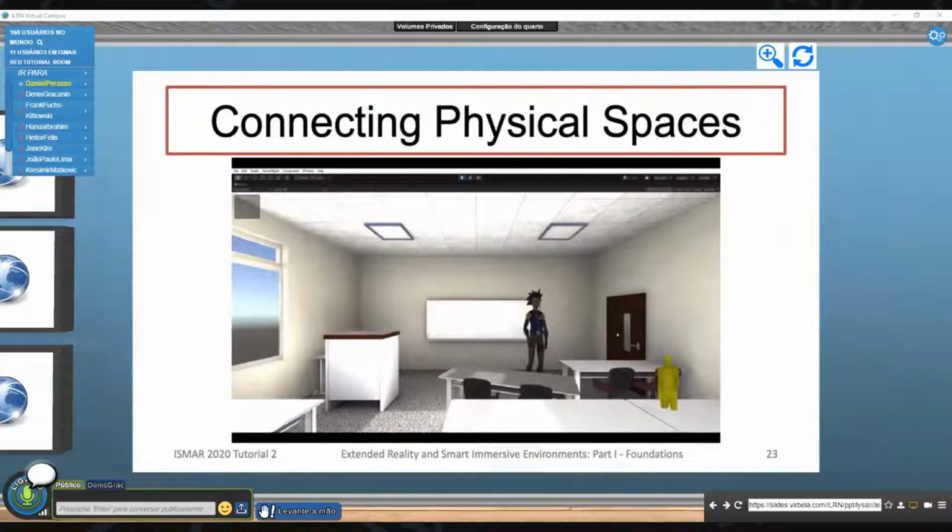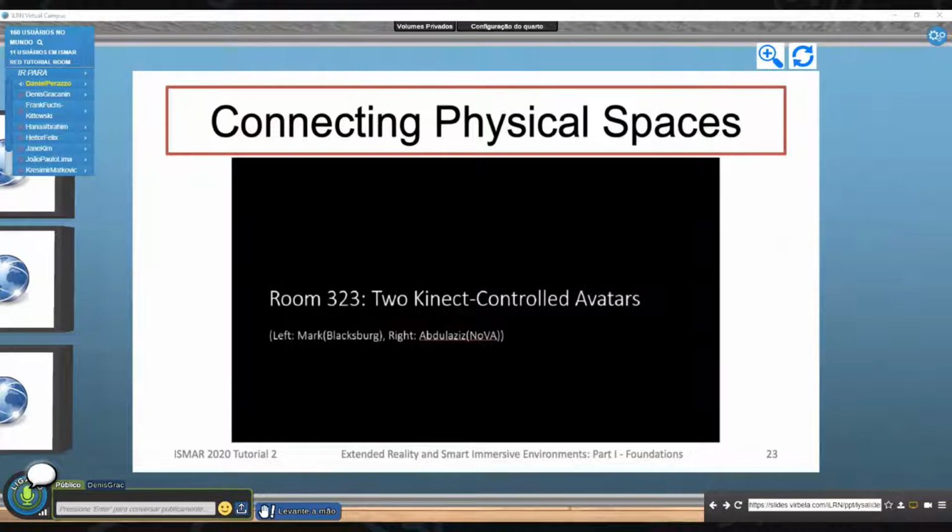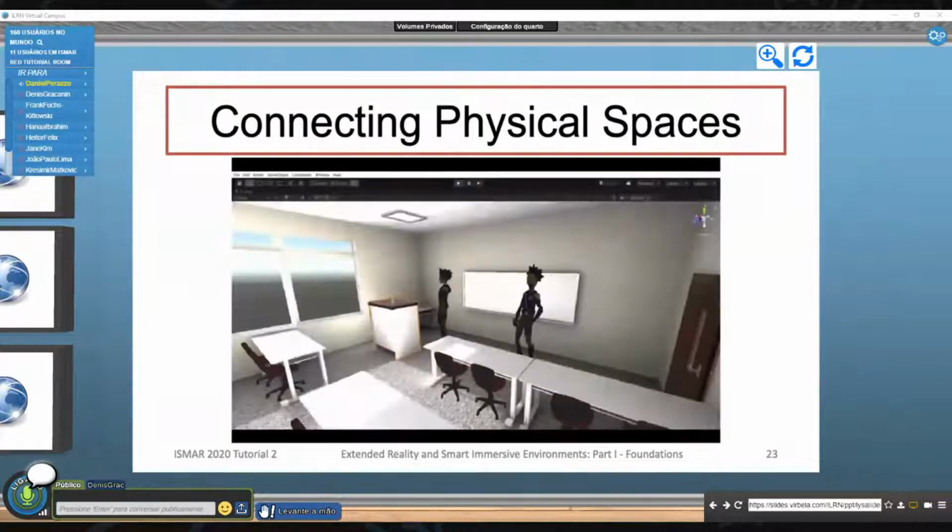So obviously, there are challenges there, because if you are doing that in a space that is cluttered with furniture, etc., body tracking may not be as precise. Also, there are challenges in terms of network connection and so on. So, from that perspective, again, it also depends on implementation.